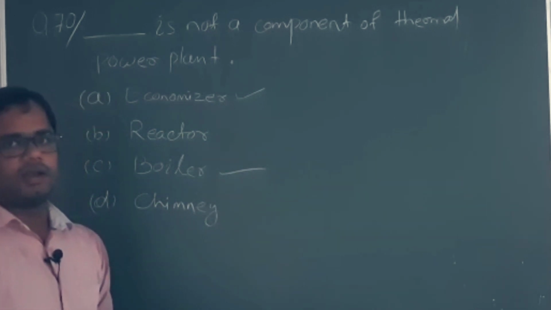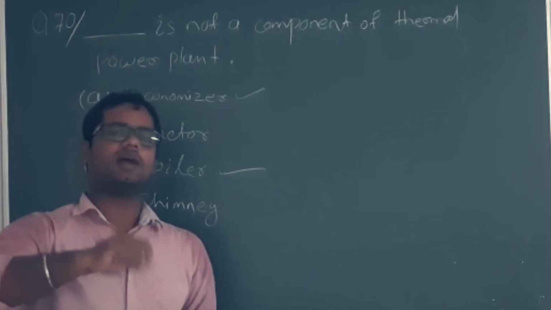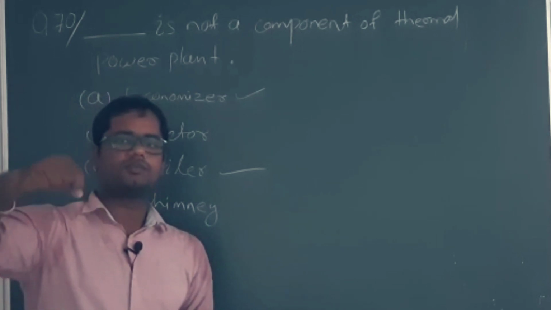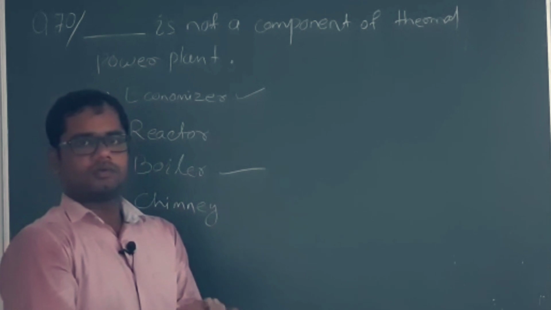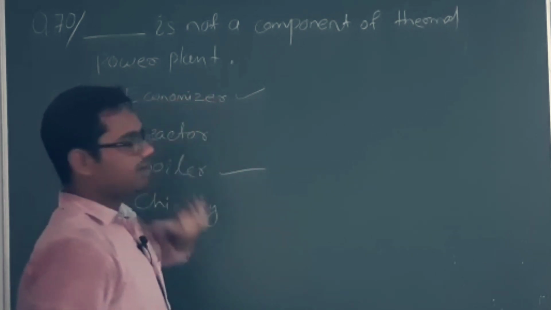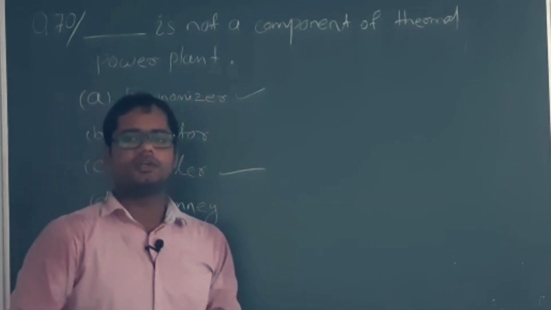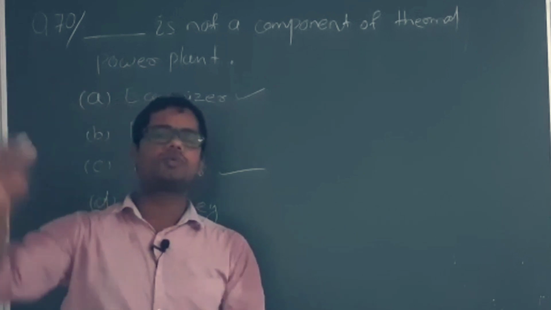And chimney, where after combustion of the coal, the flue gas finally gets out. The flue gas is carried from your boiler through different stages, like economizer, air preheater, superheater. So it flows through different stages, and finally it gets out through the chimney.